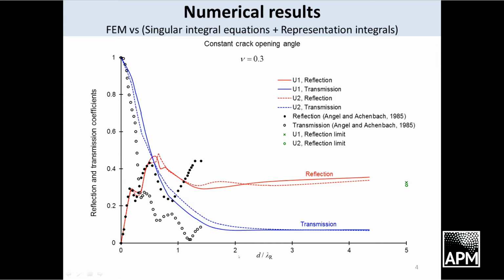Non-dimensional crack depth is along the horizontal axis, magnitudes of the reflection and transmission coefficients along the vertical axis. Calculated variables associated with horizontal displacements are depicted with solid lines, red solid line and blue solid line, and those variables related to vertical displacements are shown with dashed lines.